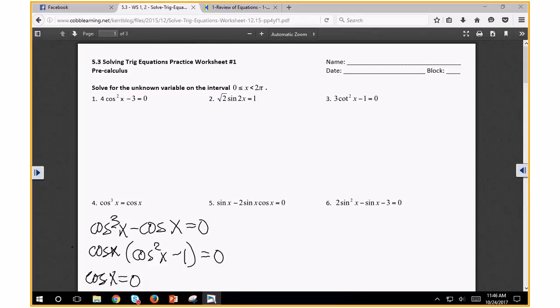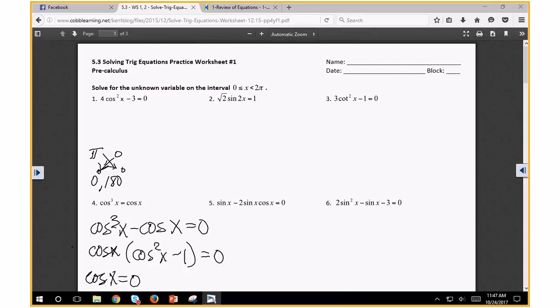When is the cosine, that's the x part, the horizontal part of your unit circle, when is it 0? 0 and what? 180. 0 and pi. So that's 0 degrees and 180 degrees, or pi and 0. 0 and pi, I'm sorry.